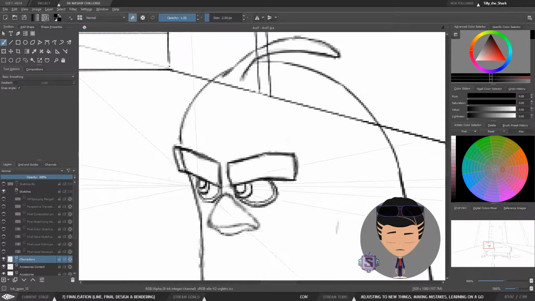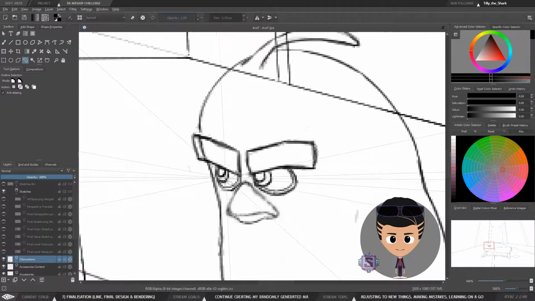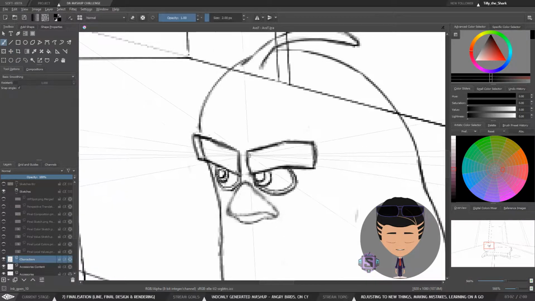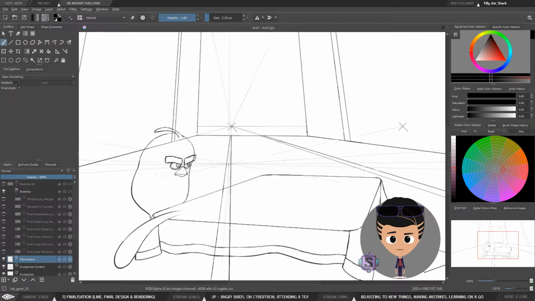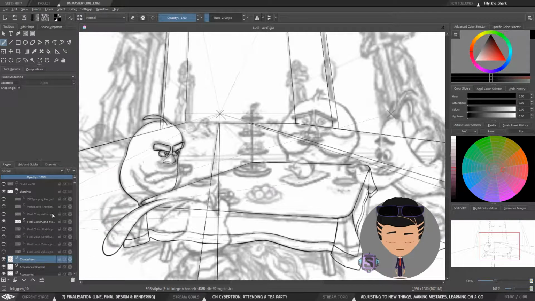This is foreshortening for this eye. This part needs to be lower. For our sketch.